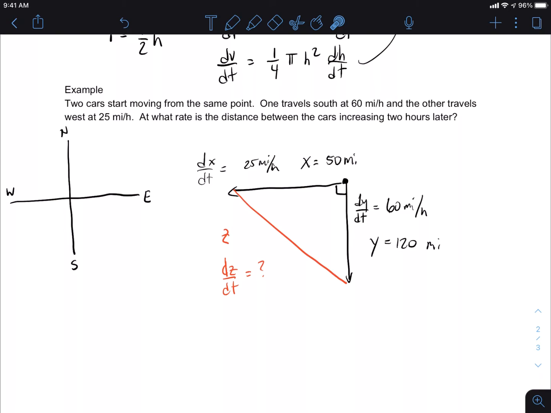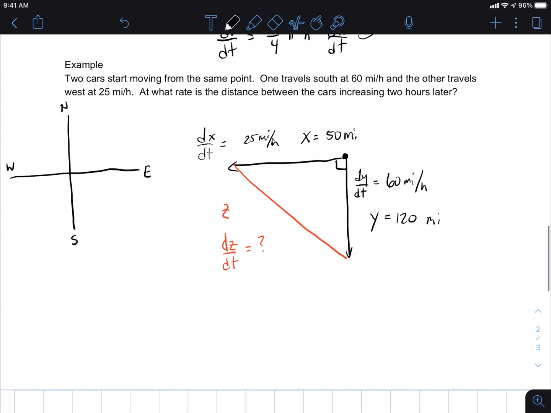So if it's 60 miles per hour and it's 2 hours, I'm going to go 60 times 2, and that will give me my distance. All right? Just to make sure everyone gets it. So if I would have asked for 3 hours, you would have gotten 75 for x and 180 for y. Okay? All right. Now, since we know it's a right triangle, does everyone get that it's a right triangle?